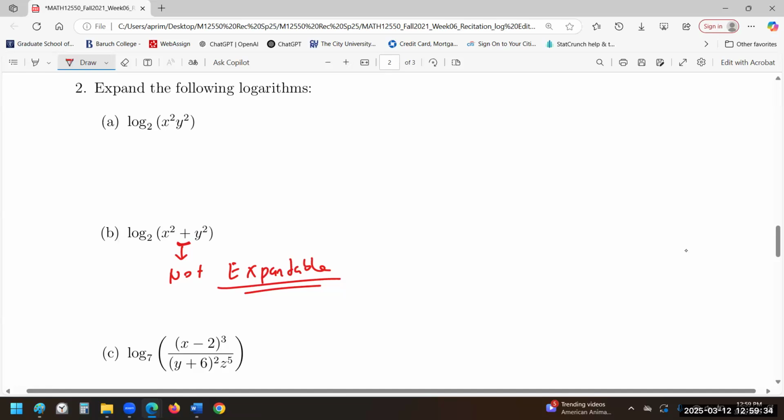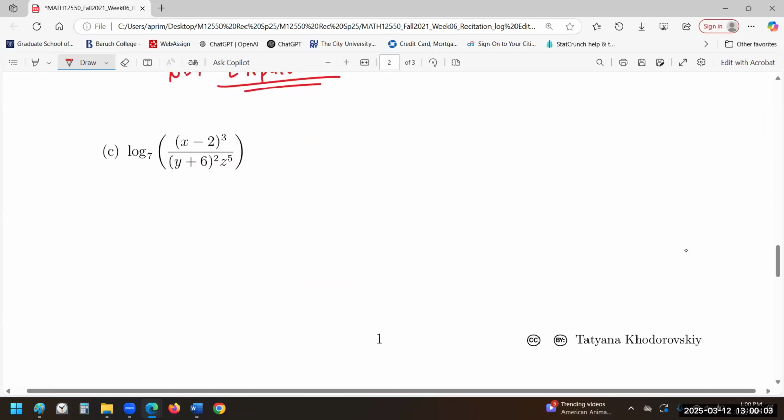That's why I picked the easiest one. So remember, all the log rules or exponent rules, everything, they're either for multiplication, division, or exponent. There is no rule for addition and subtraction. So based on A and C, which one do you think looks harder? Definitely C. So let's try C together.